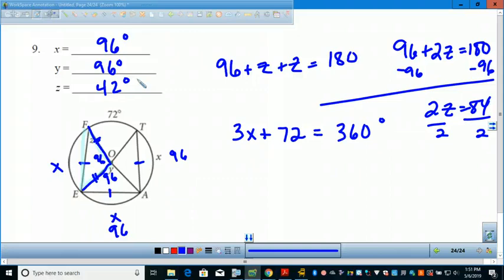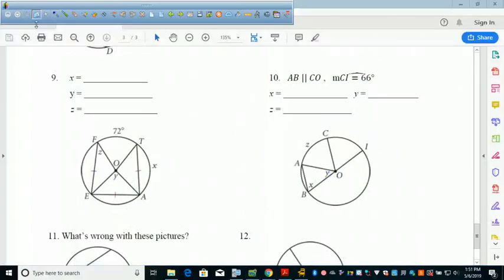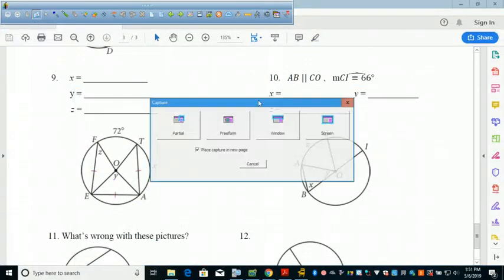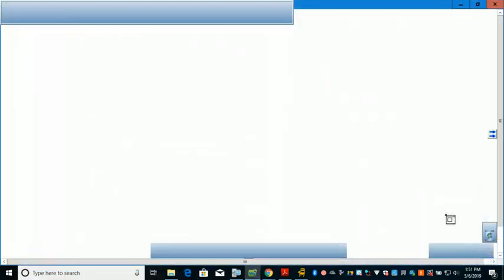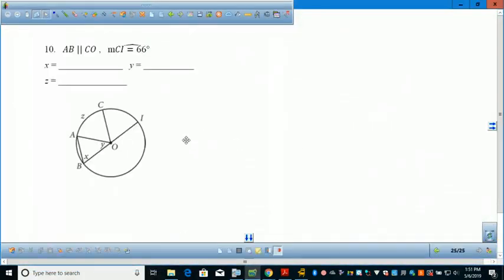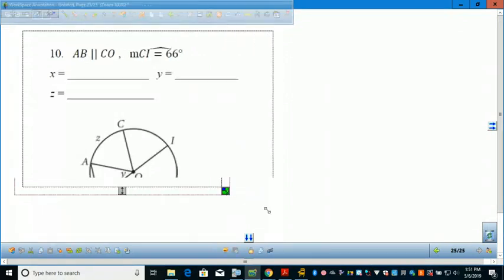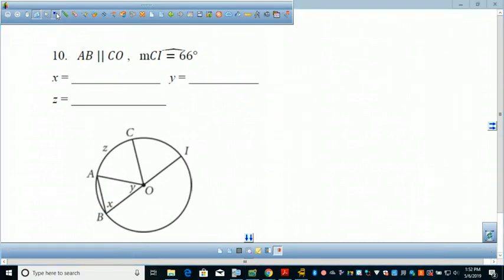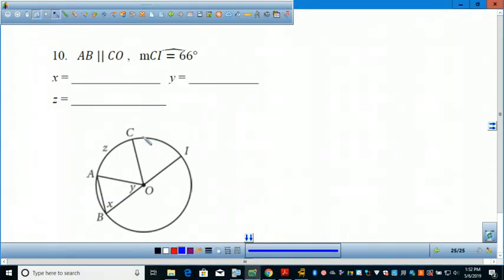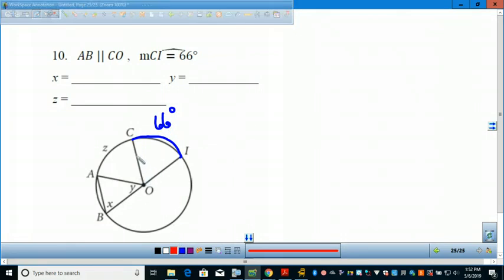Okay, look at 10. Again, I'm going to freeze the screen, see how much of it you can figure out. Notice you've got parallel lines in this picture.